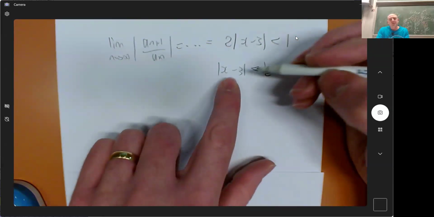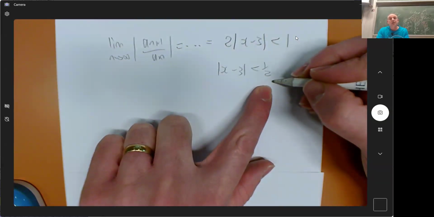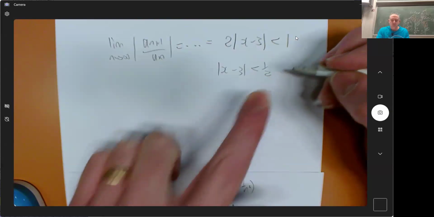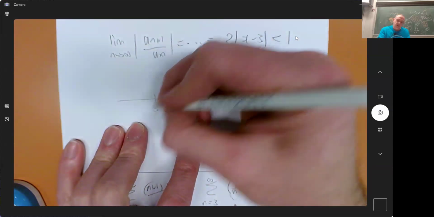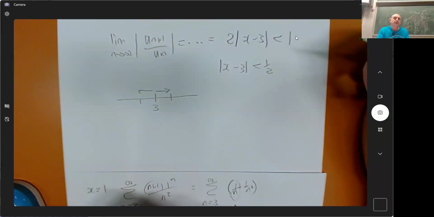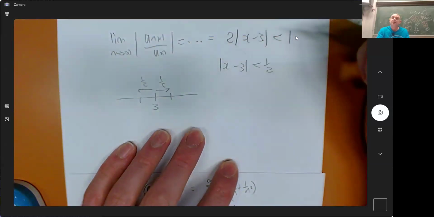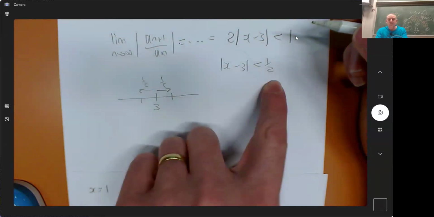And so this is saying the distance between x and 3 is less than a half. So this is the radius here still. So imagining we have here is 3, and we've gone up a half and down a half from there. Yeah. Because that's what this is saying. That the center is 3 and the radius is half.